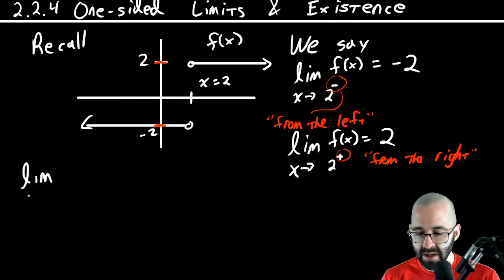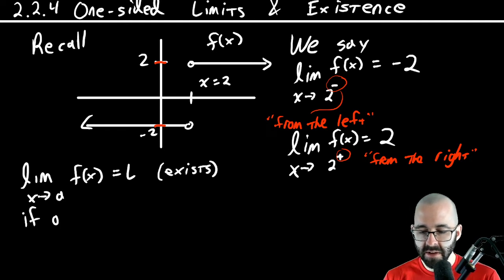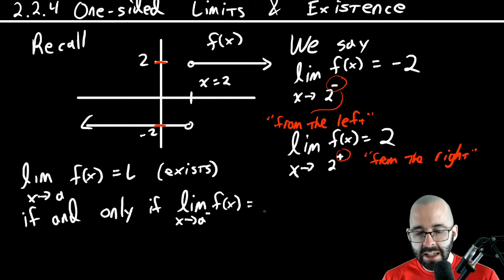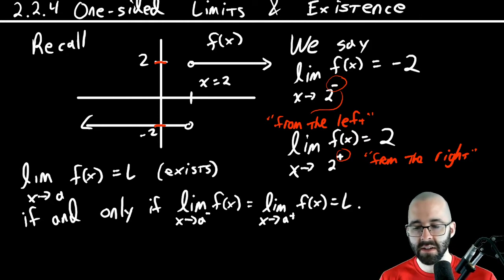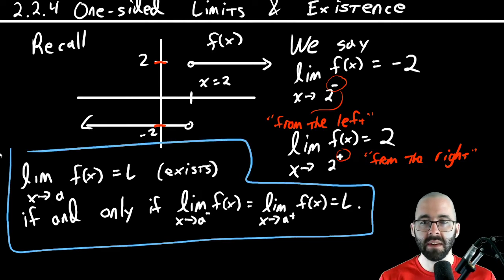The limit as x approaches some number a exists if and only if the limit as x approaches a from the left equals the limit as x approaches a from the right. So this is a property that we're going to be using.